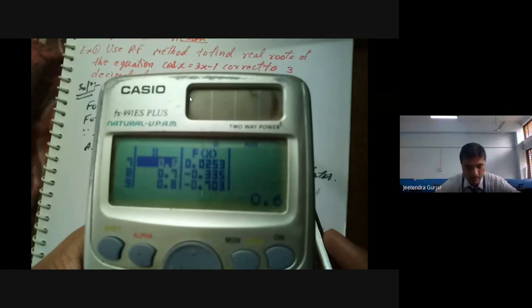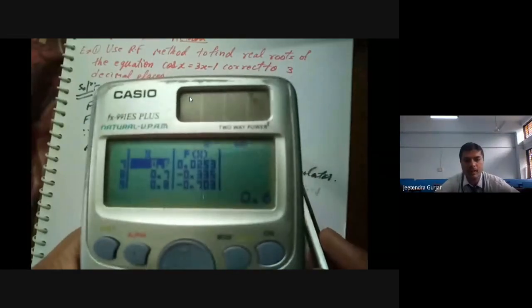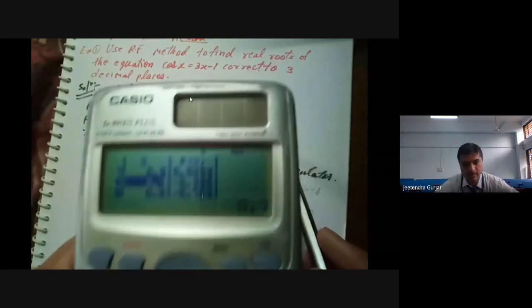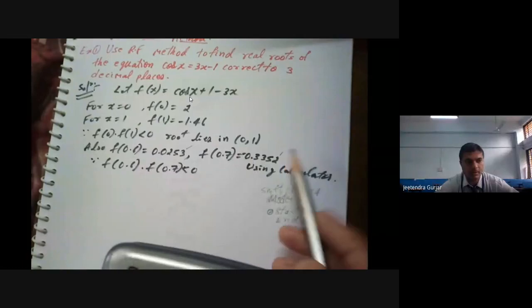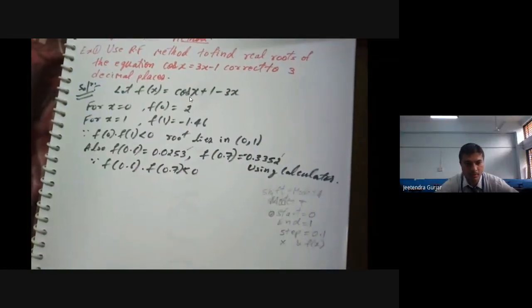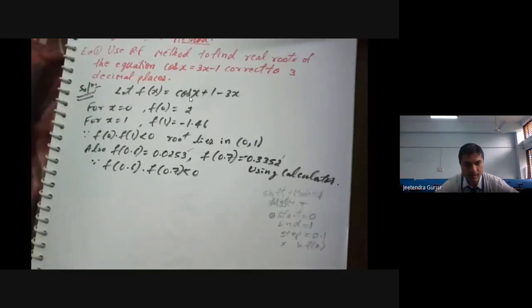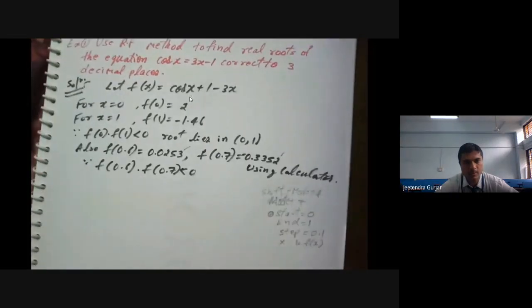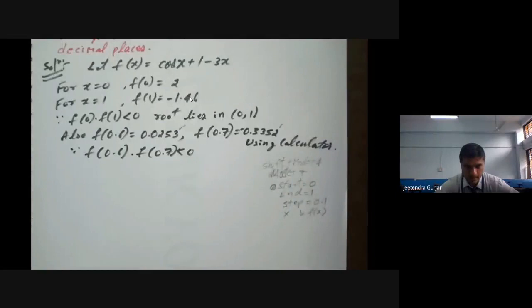Now, as you see, at 0.6 f of x is positive. When you take x equal to 0.7, the f of x value is negative. Means that these are our roots, directly I have got without doing the iterations. So f of 0.6 is equal to 0.0253 and f of 0.7 is equal to minus 0.3352.